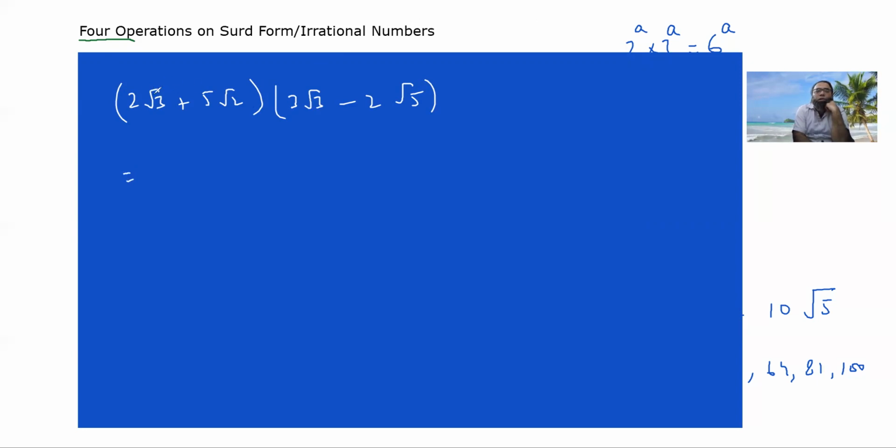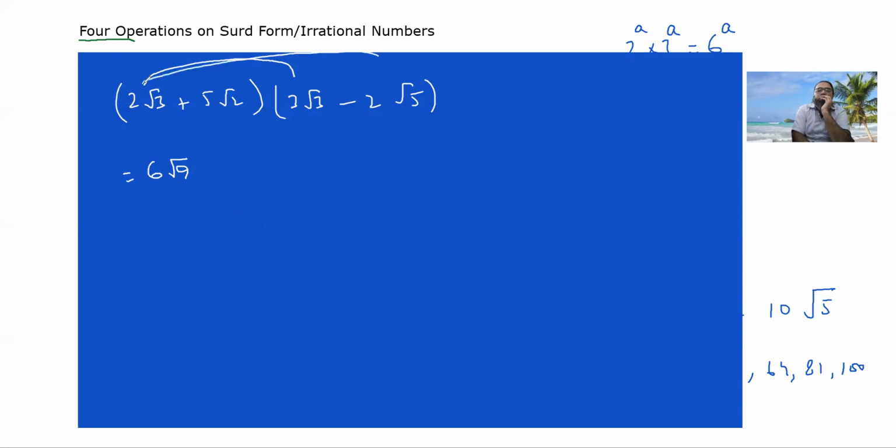Now, 2√3 into 3√3. So what would this give you? 2√3 into 3√3. What do you get? Sir, 6√9. Yeah, 6√9. Let me do this in steps. Otherwise, you know that √9 is 3. Okay, 6√9.